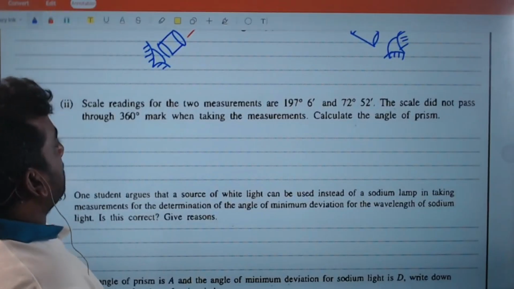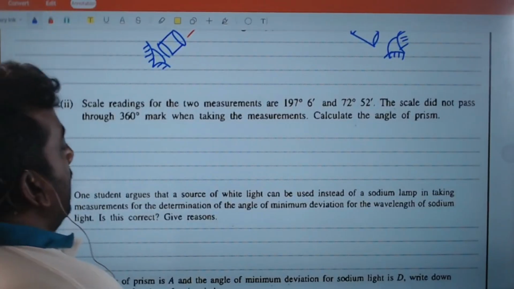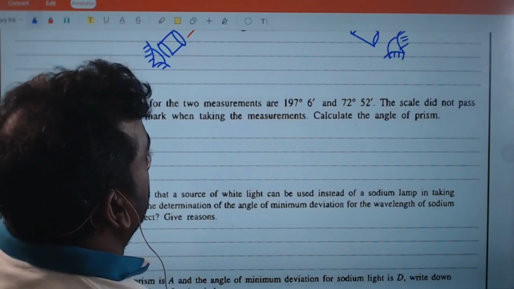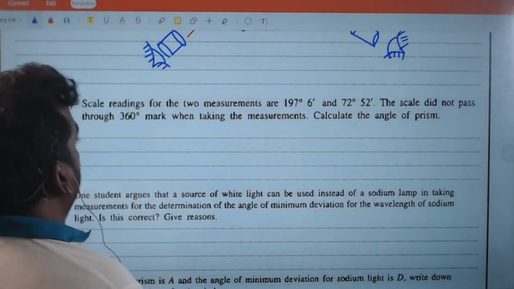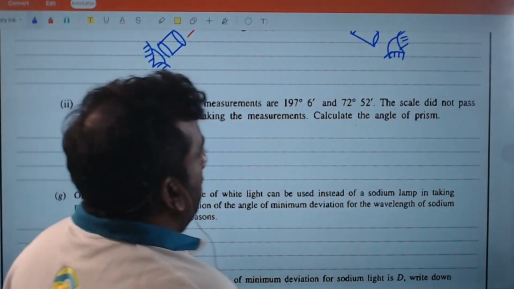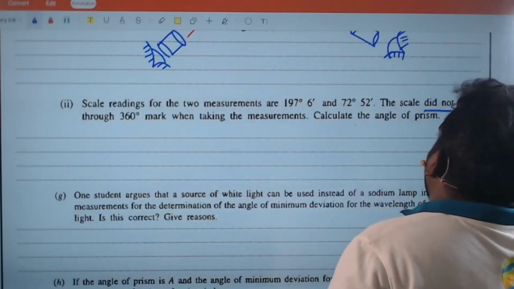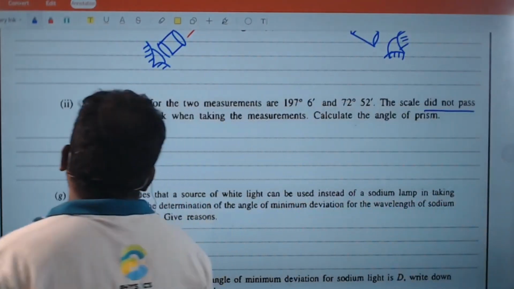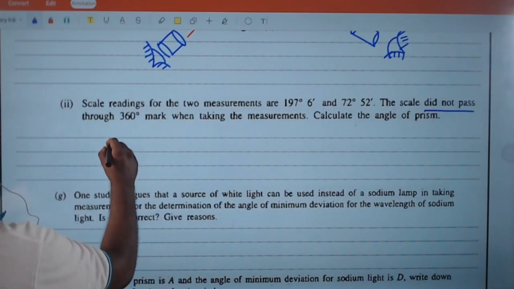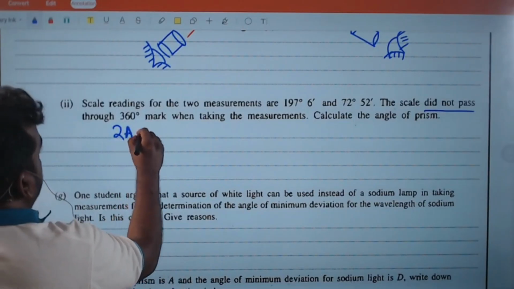Scale readings of the two measurements are 197 degrees 6 minutes and 72 degrees 52 minutes. The scale did not pass through the 360 mark, so we can take the difference. Here 2A is the difference.